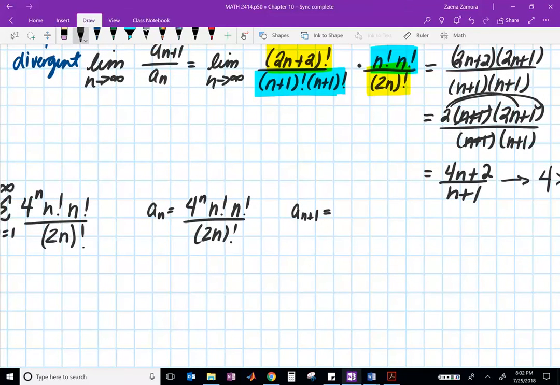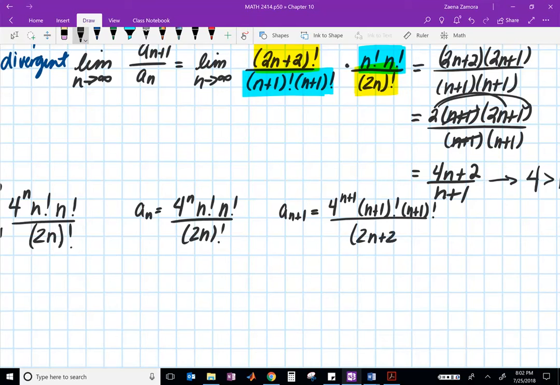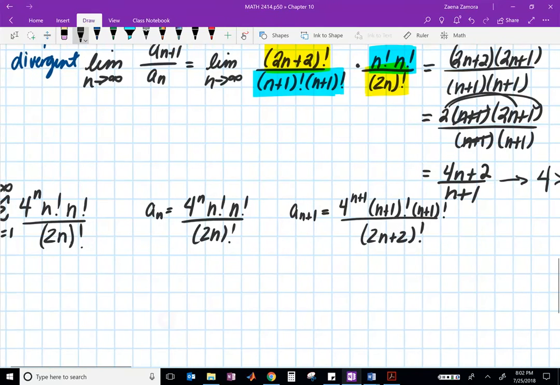So what is a sub n plus 1? 4 to the n plus 1, n plus 1 factorial, divided by 2n plus 2 factorial. Good. All right, again, these are both positive, so we don't have to worry about putting them inside an absolute value.